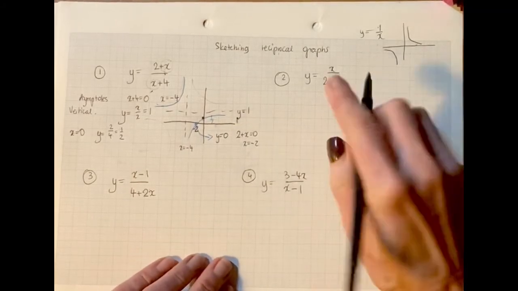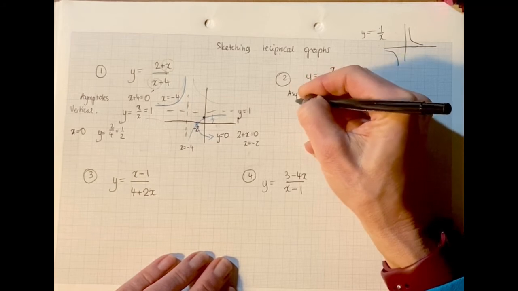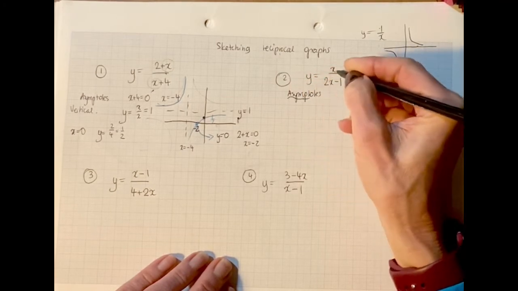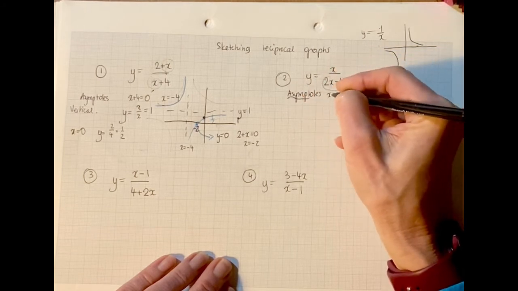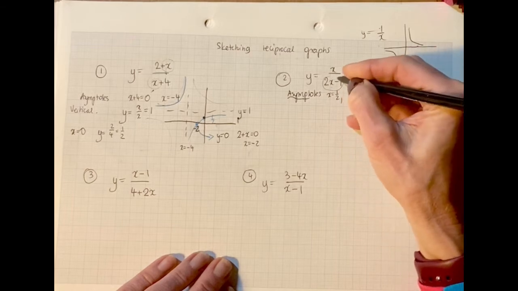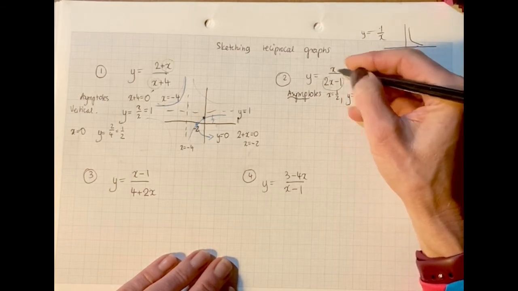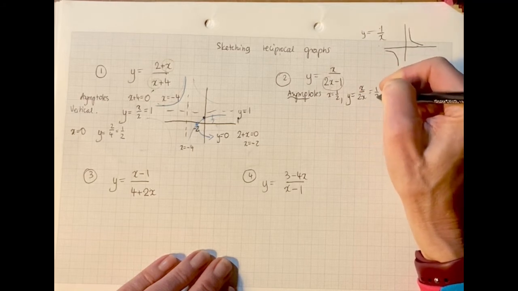So hopefully this one is going to be a little bit quicker. Let's find the asymptotes. So the first thing you do, you make the denominator equal to 0. x is equal to a half. And the other one, you're going to put y equals, and you just keep the bits with x's. So x over 2x, that will give you a half.